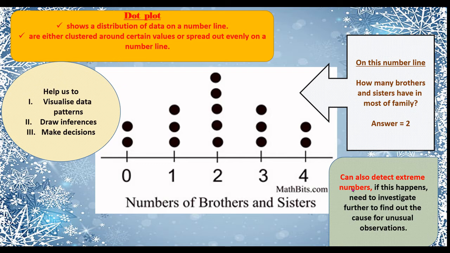Besides that, a dot plot can also detect extreme numbers. If this happens, you have to investigate further to find out the cause of the unusual observation. Do you still remember what an extreme number is? An extreme number means a very small number or a very big number.